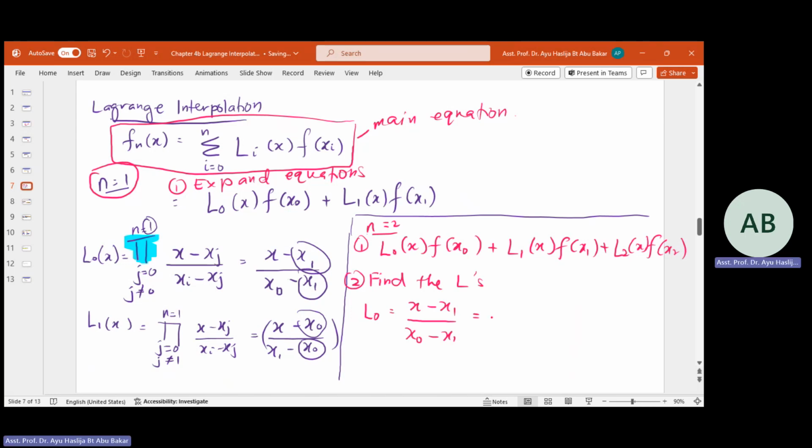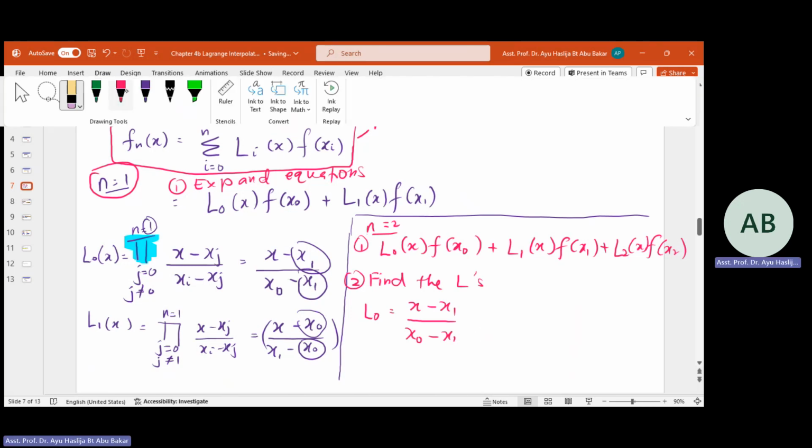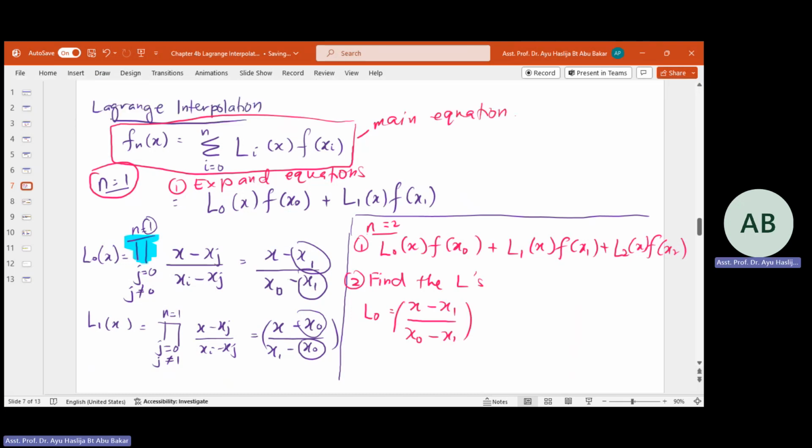This one later you will sub your numbers. Not finished yet. Remember our order equals 2, so involve up to x2. Multiply by x minus x2 over x0 minus x2. x0 remains because it refers to xi, the i over here, referring to the L0.